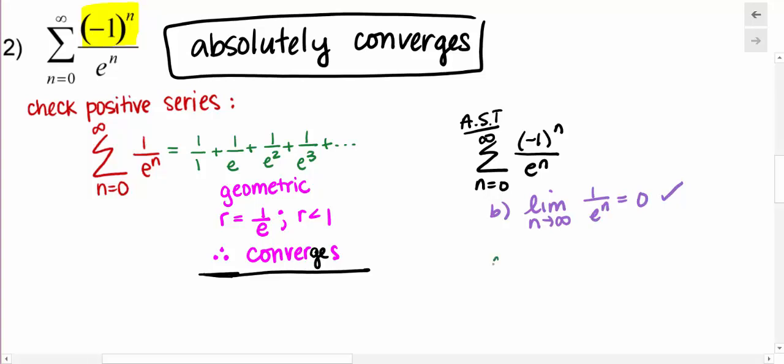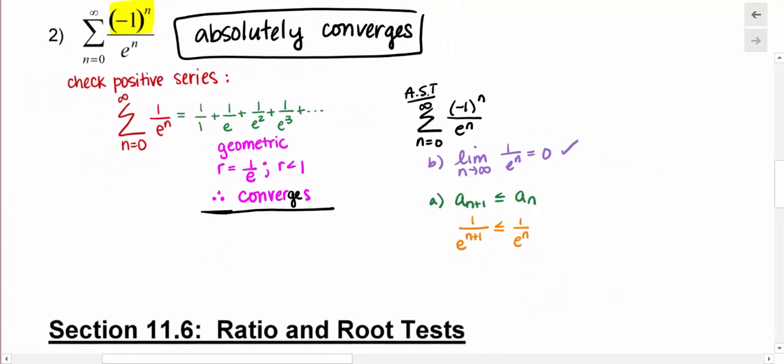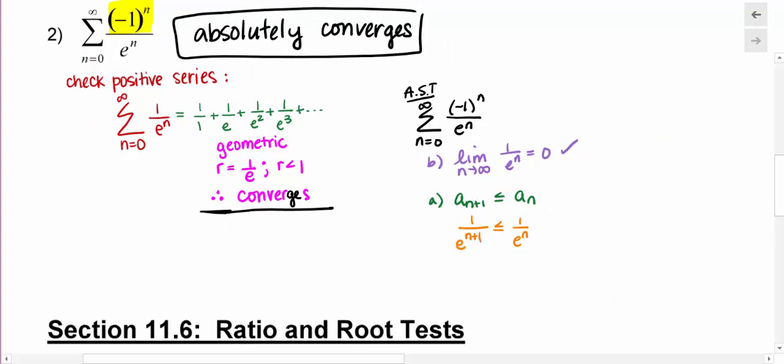And then I would want to show that my n plus 1 term will always be less than my nth term. So I have 1 over e to the n plus 1 less than or equal to 1 over e to the n. Again, this is sort of extra, if you will. I don't need to necessarily do this each time.